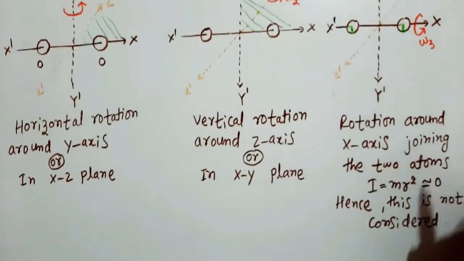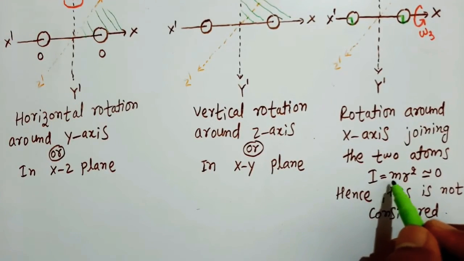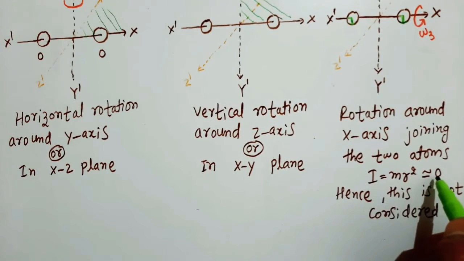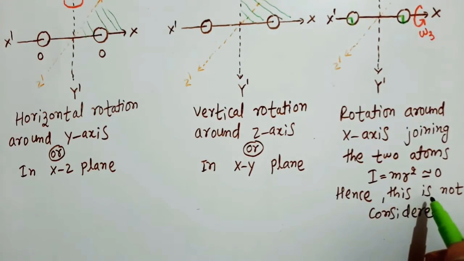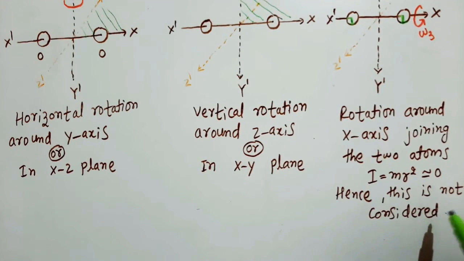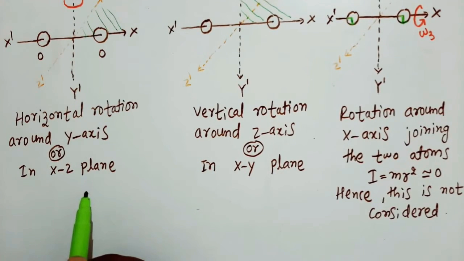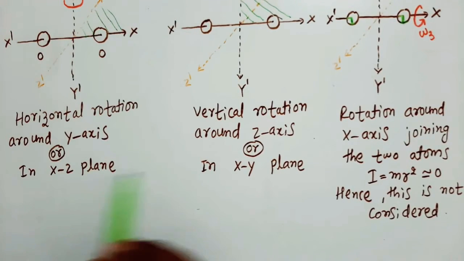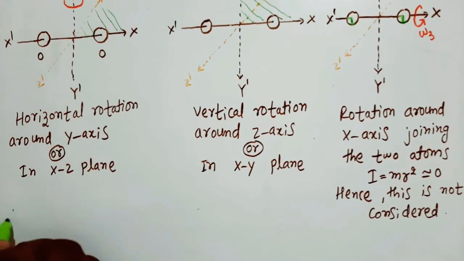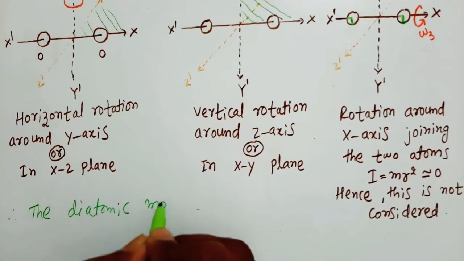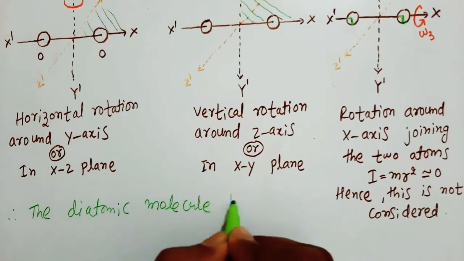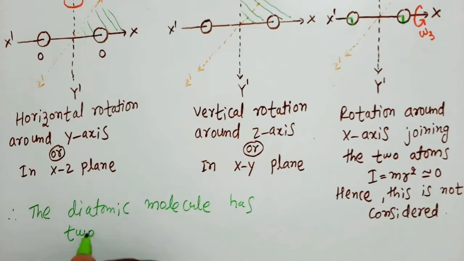That is, the moment of inertia I is equal to mr square, which is approximately 0. Hence this rotational motion is not considered. So a diatomic molecule has 2 rotational degrees of freedom.